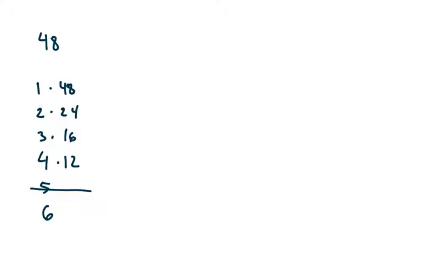We know 6 is going to work because of 2 and 3, so something else to take note of is our divisibility rules that we've talked about before. They can help us figure out, hey, does it work or does it not work? So 48 is 6 times 8. 7 does not work, and there's really no easy way of doing this other than realizing, hey, how close can I get to 48? I'm thinking 7 times 7 is 49.